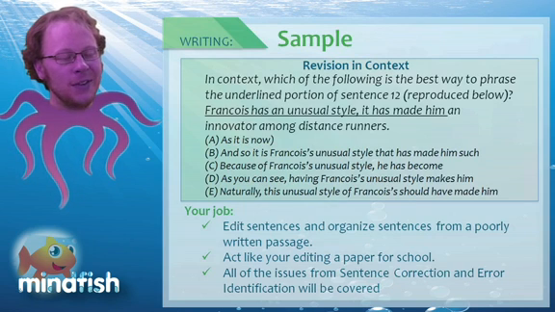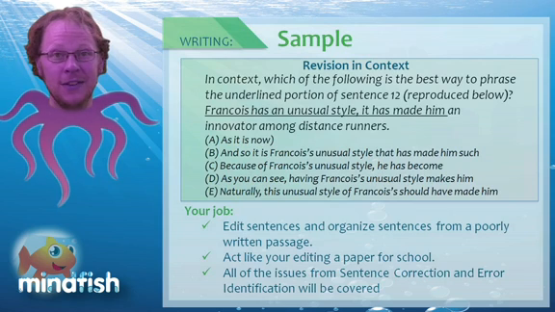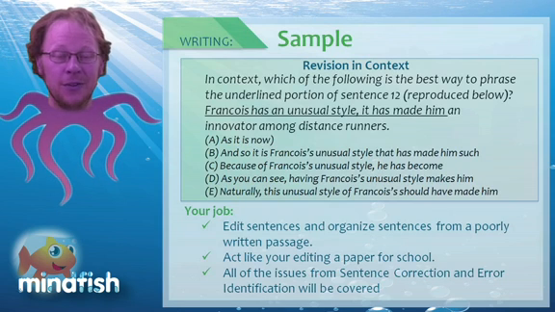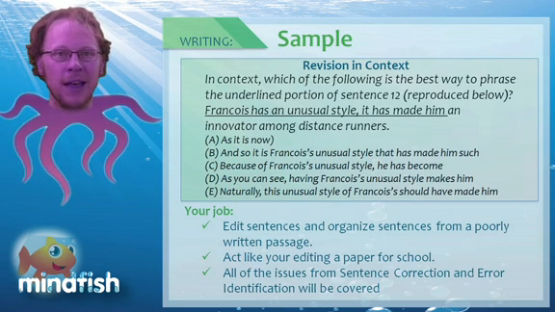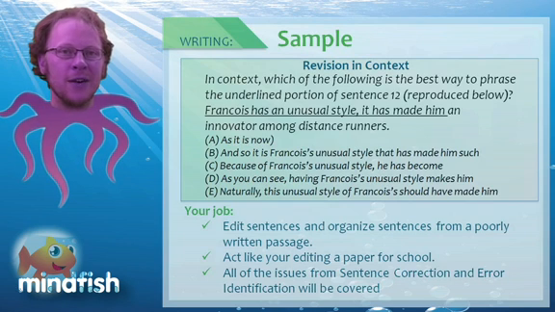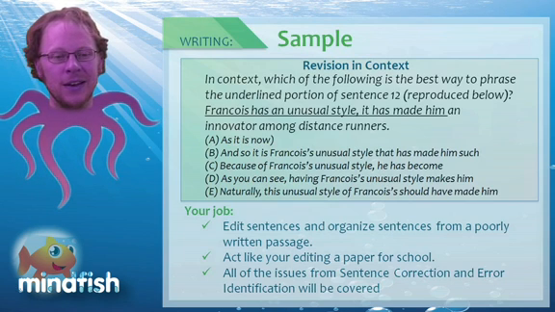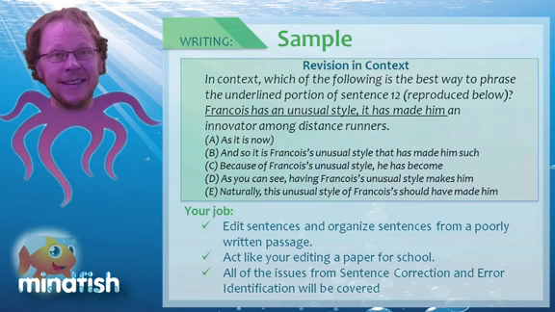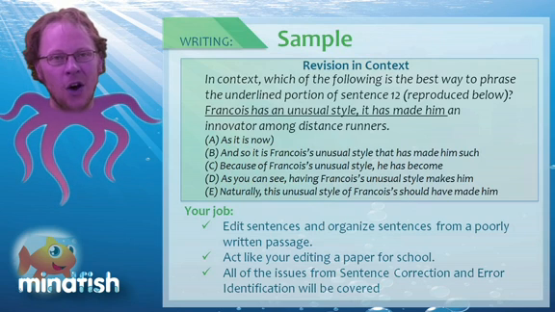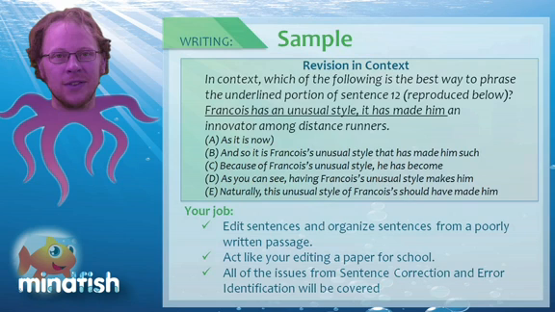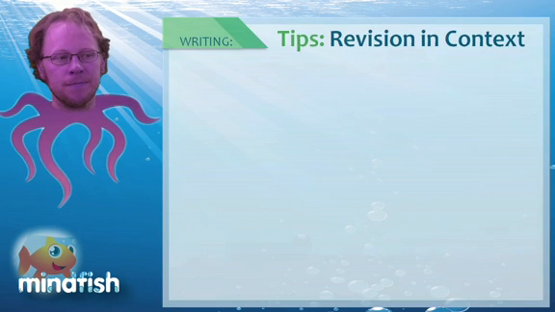Oftentimes students say that this is one of the easier parts of the writing section. It's very much like editing a paper, and basically you should try to follow your common sense. If it sounds good and makes sense within the paragraphs, oftentimes in revision in context, you've got the right answer.